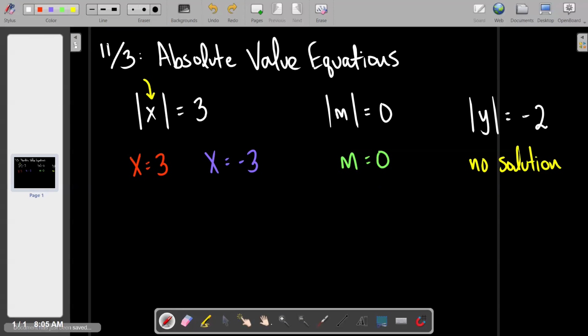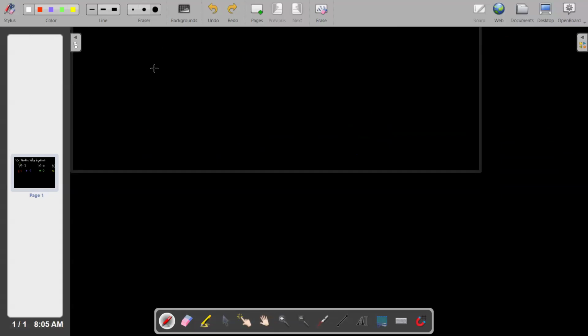Let's take a look at this one and say, okay, what if the absolute value, I'm thinking of a number x, and if I add 5 to it, the absolute value of that quantity is 2. If I took my yellow pen and scribbled this out, and let's say you couldn't see what was under my yellow, what could you tell me about what's under my yellow?